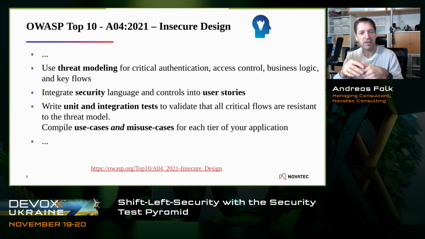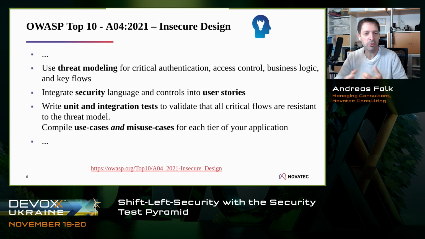Then also integrate the security language and controls into your so-called user stories. So these are typical stories that are written in the agile context typically. So you write user stories for business cases, but you should also bring security into those user stories. Then what is the main topic of today? You should write unit and integration tests to validate that all the critical flows are resistant to the threat model you have created on the first point.